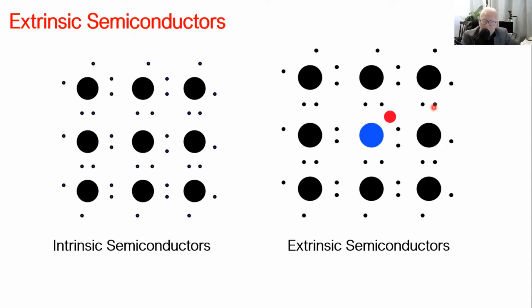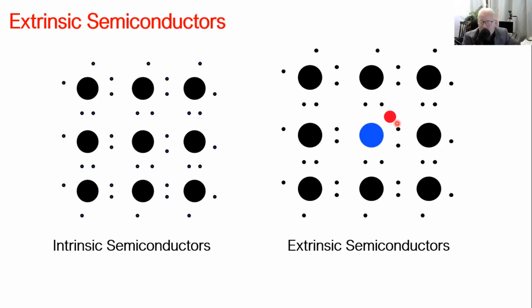So now you have an additional electron in the system that can freely move from the valence band to the conduction band. But what is very important, my dear student, is that this electron will move from the valence band to the conduction band, and it will not leave a hole, because there is no broken bond.